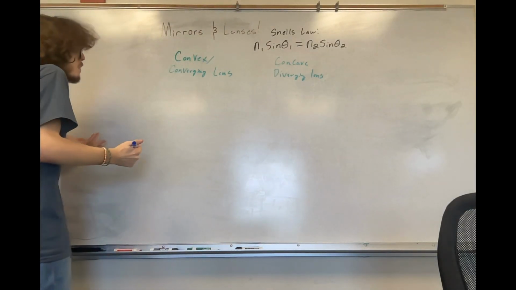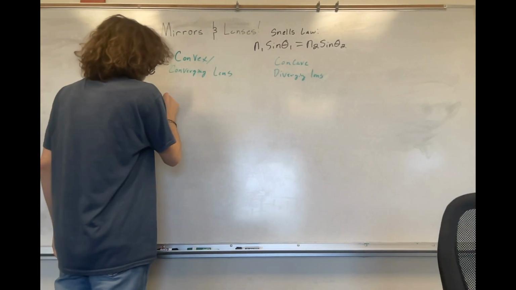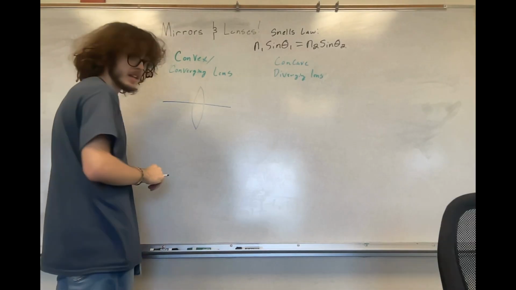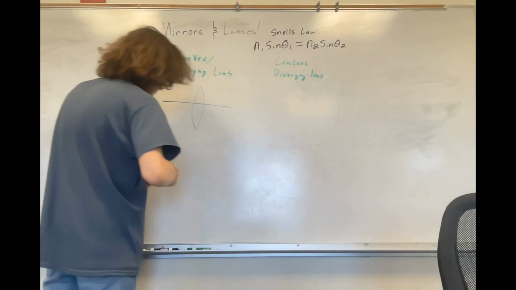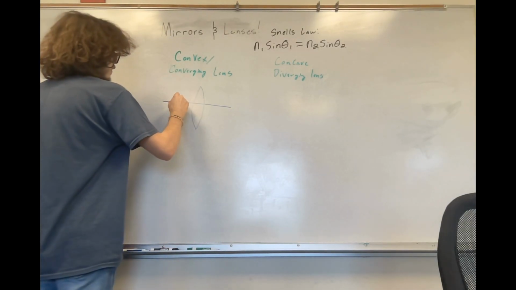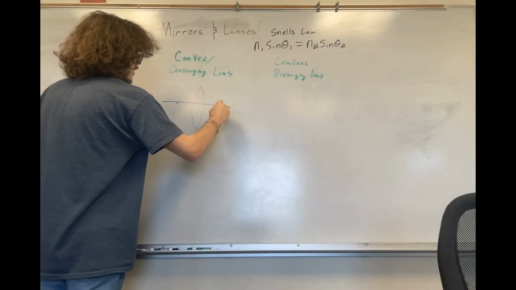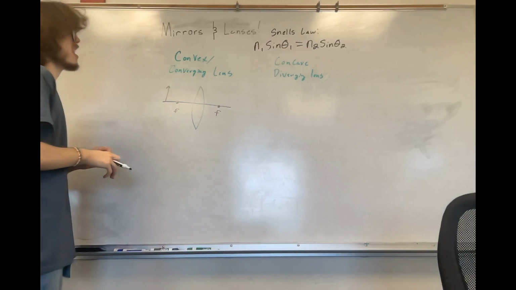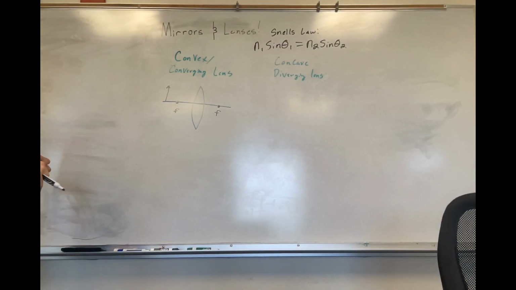And these lenses use the law of refraction, Snell's law. And let's describe what's going on with these. So let's say we have some convex lens that looks something like this. And let's put an object, and let's say there's a focal distance right here. So let's say we're beyond the focal distance of a convex lens.